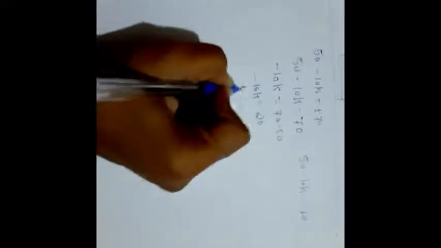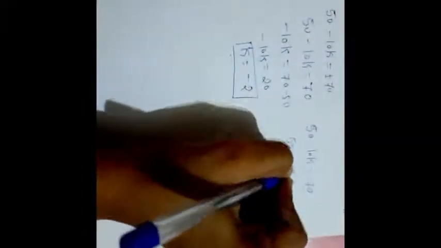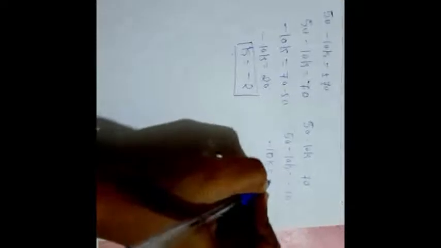Okay, next, if minus 10k is equal to 70 minus 50, you will get 20, then your final k value is k is equal to minus 2. And similarly here, if it is minus 70, 50 minus 10k is equal to minus 70. Then minus 10k is equal to minus 70, the 50 goes to this side as minus 50.